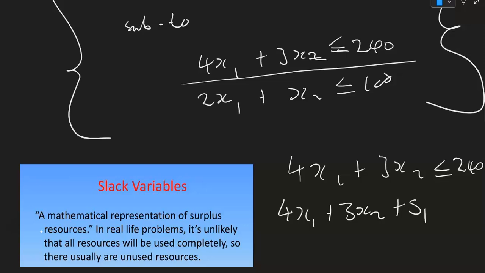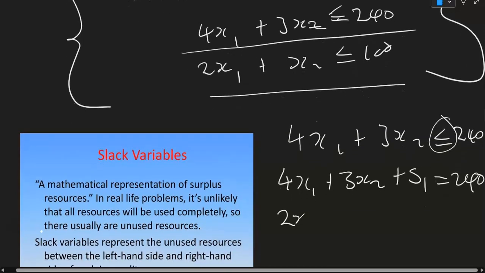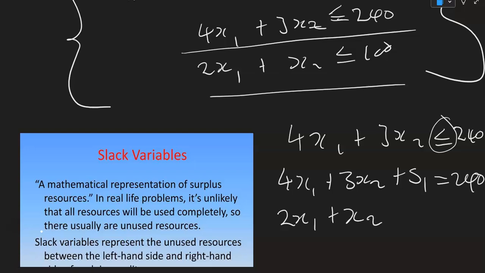When you introduce a slack variable, the inequality sign changes to an equal sign, 240. The same applies for the second equation: 2x1 plus x2, we introduce a slack variable. Since this is a different equation, we say s2 is equal to 100.